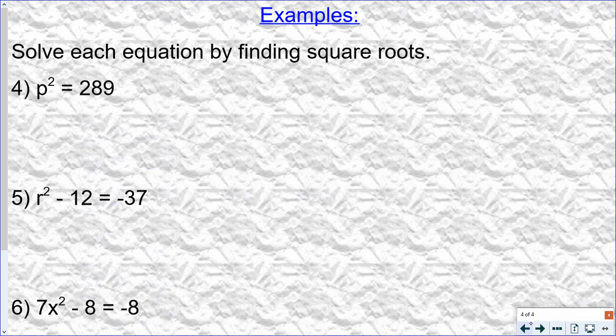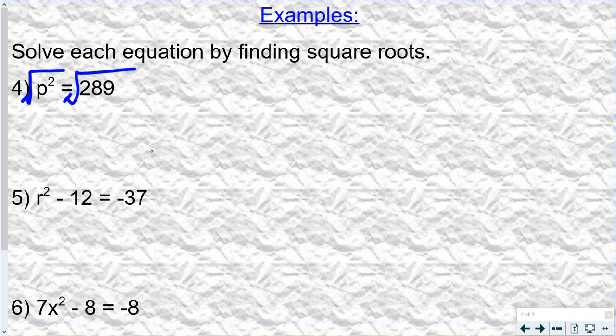All right, a couple more. p squared equals 289. So take the square root of both sides. You should have a calculator that has a square root button on it. What you would do is type in 289 and then hit that square root button. The button on your calculator will probably have the square root symbol with an x inside of it.